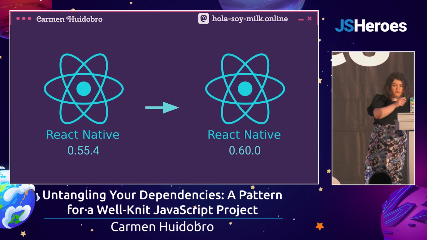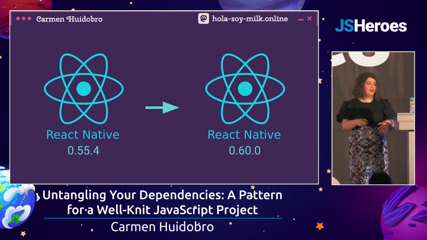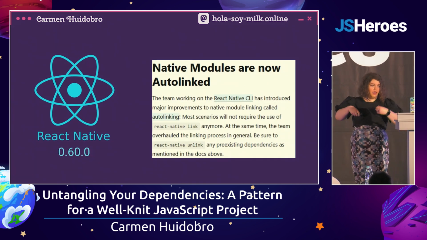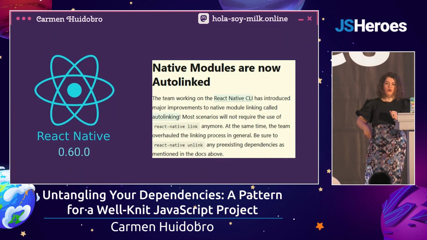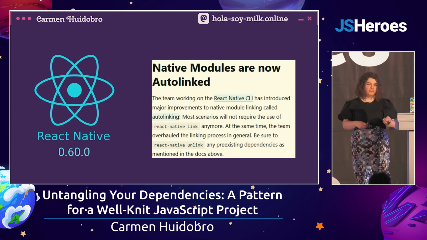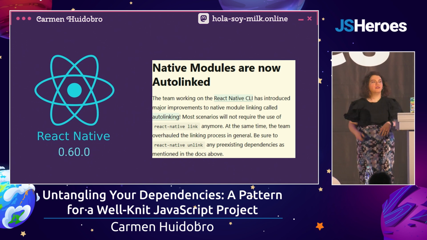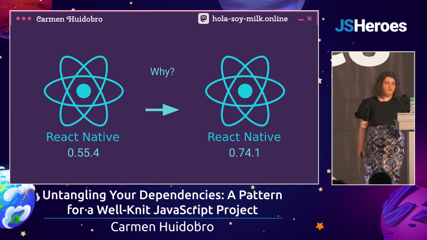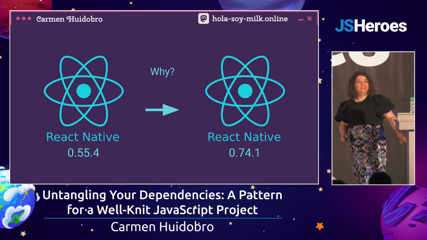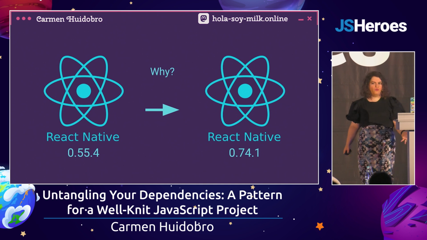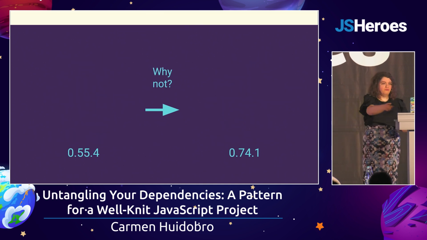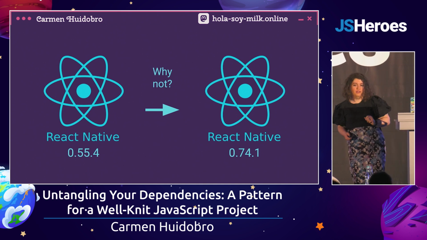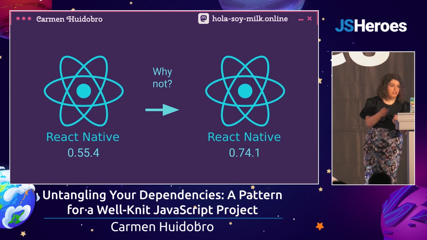Or do I go from 55 to 60 because React Native 60 updates to use auto-linking as opposed to having to open Xcode or mess around with Maven or something. But I decided, hey, I'm just going to go from 55 all the way to 74, even if it kills me. So you might be wondering, but why would you do that? Well, why not? I'll tell you why, really.